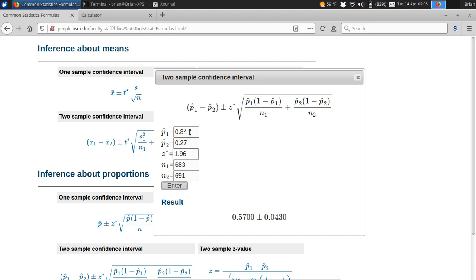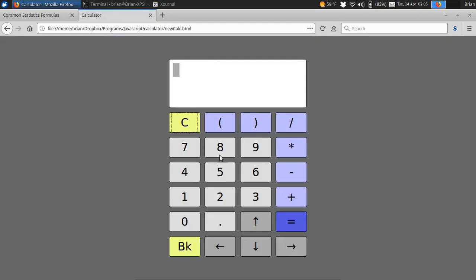In the sample, the gap is 84 minus 27, and if I just use a calculator for that, 84 minus 27, what is that, 57? Yeah, 57. So there's a 57% gap in the sample, but that might not be the true gap in the whole population. And so what the two-sample confidence interval does is tell you what the gap is in the population.